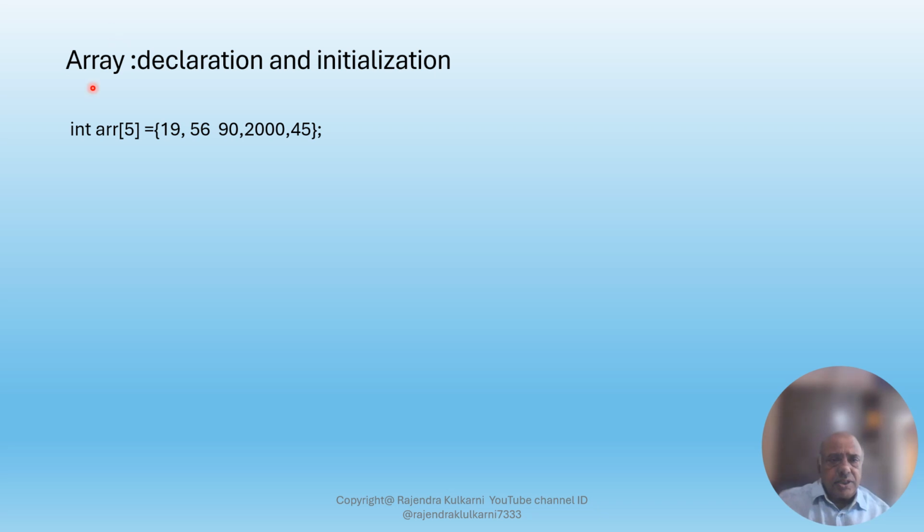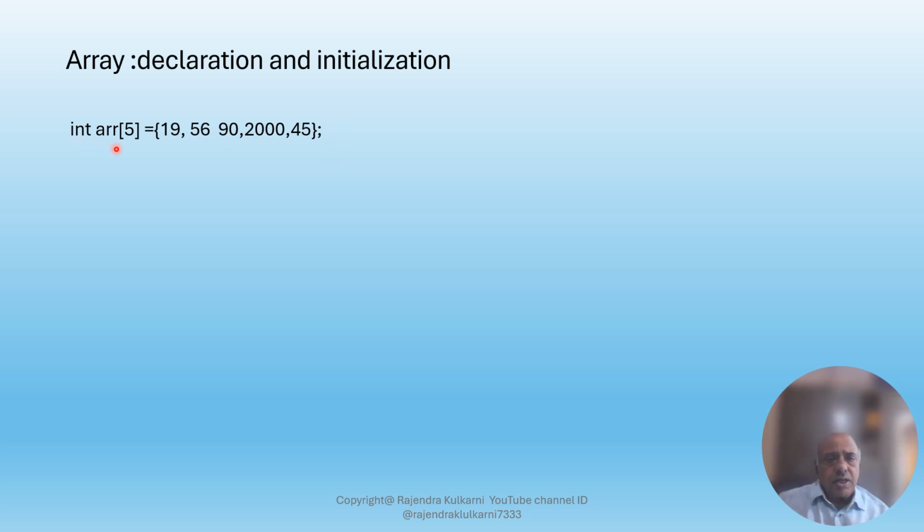How is an array declared? int arr[5] is equal to these numbers 1, 956, 90, 2045, each separated by a comma, within braces, and there is a semicolon.